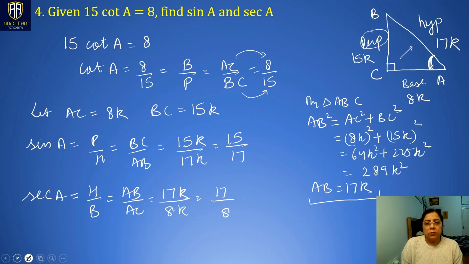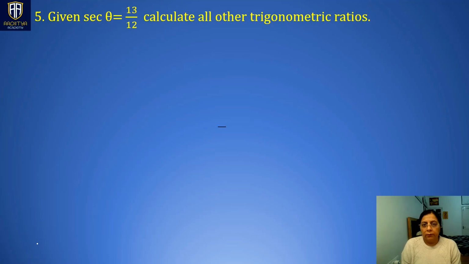Right. So the next question is, when it is given that sec theta is 13 by 12. Here they haven't given us ABC, so we can name our triangle anyhow, like PQR. And we can fix either of the angles P or R as theta.